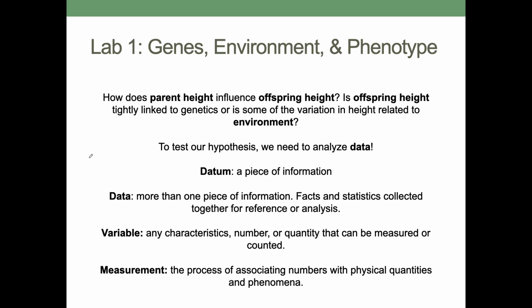And so, I mean, really think about this. When we refer to parent height or offspring height, we're kind of referring to the measurement, right? We kind of have an understanding that usually we measure height as feet and inches. We just saw the example of the distribution of heights in men and women as feet and inches. So that number, 5 feet 11 inches or 5 feet 6 inches, is some quantity.